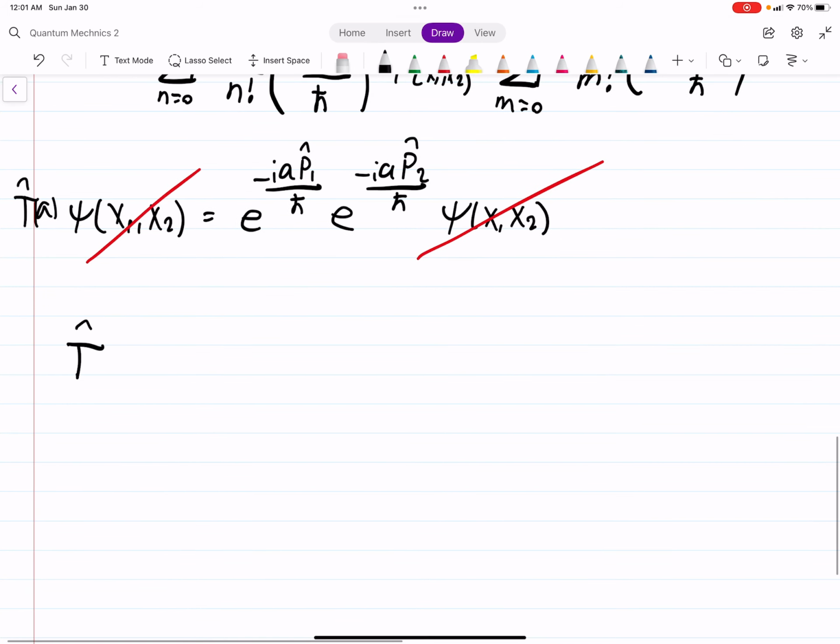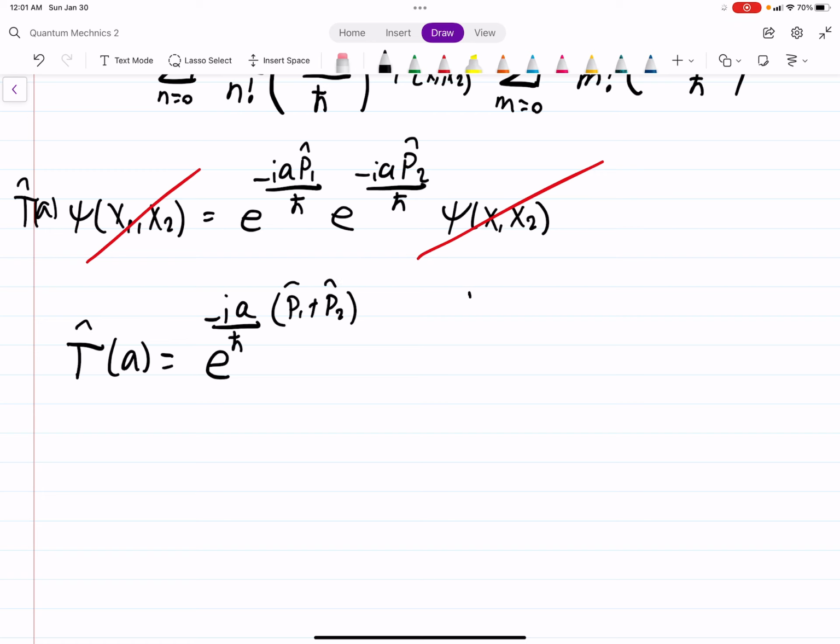And we can see that our translation operator can be written as a single exponential, and I'll factor out a minus i a over h bar times p1 plus p2.